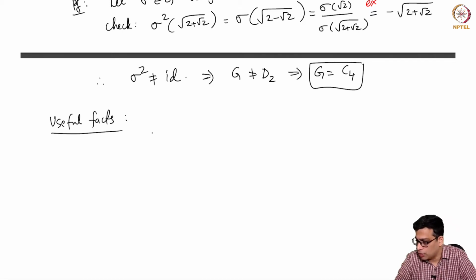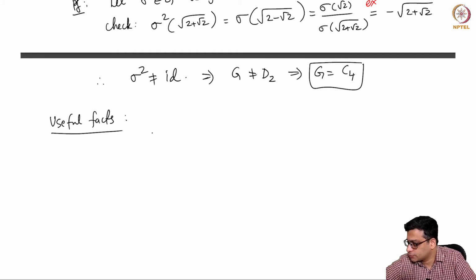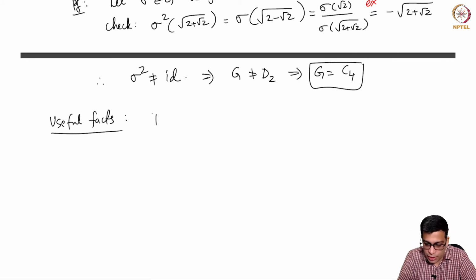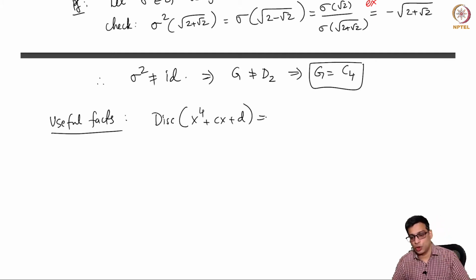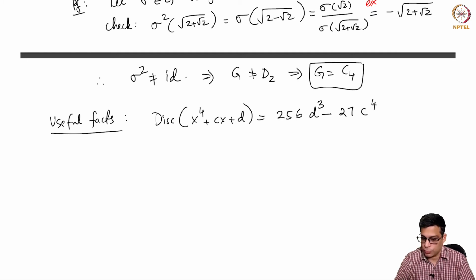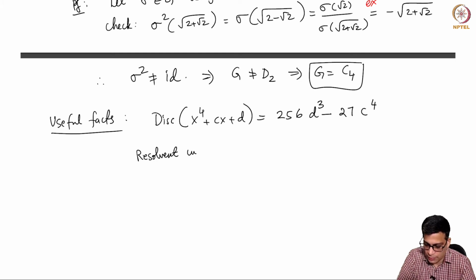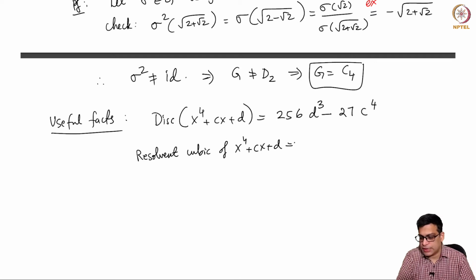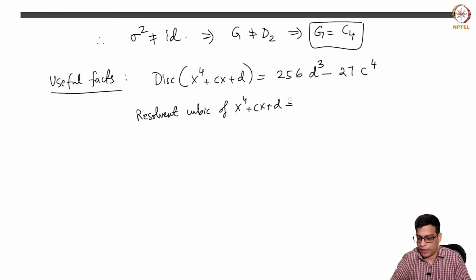And this is the following. If you have a quartic polynomial of the form x power 4 plus cx plus d, so it has no cubic or quadratic term, then the discriminant just happens to be 256 d cubed minus 27 c power 4, and the resolvent cubic of the same polynomial is also given by a formula. These are some computational things which one can find in literature.